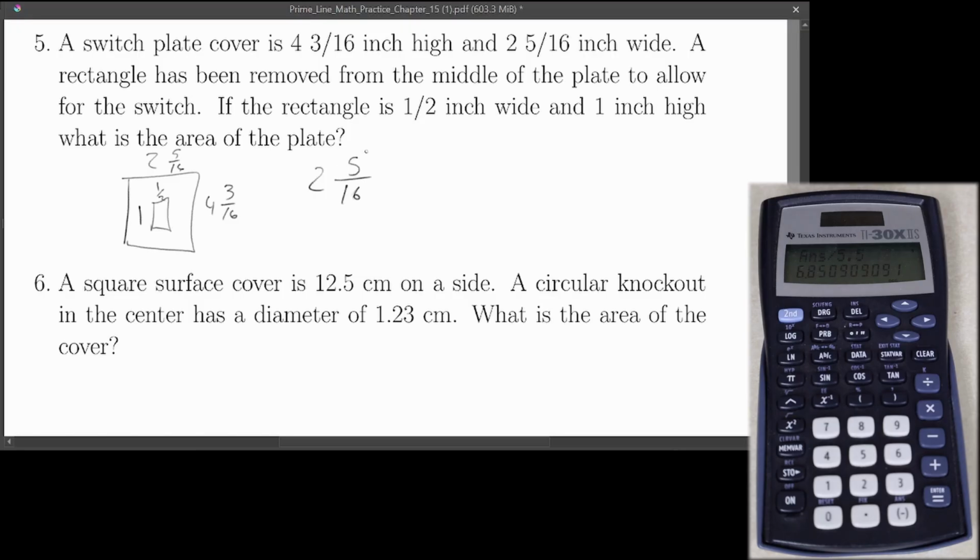So we're going to do 2 5/16 times our 4 3/16, and we're going to subtract our 1/2 times our 1.